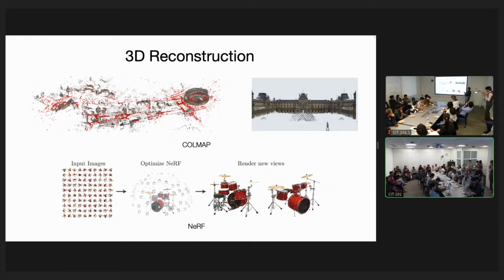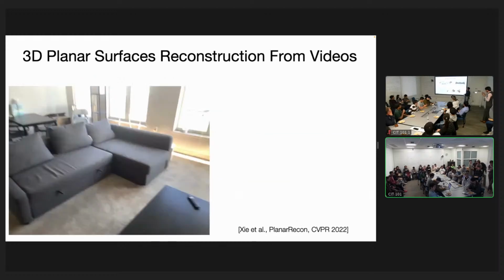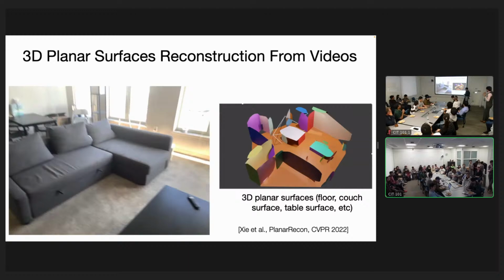So this is about reconstruction. By reconstruction, I mean we have a lot of visual information in the input to constrain what the output should look like, right? And here our lab also made some effort in this direction.